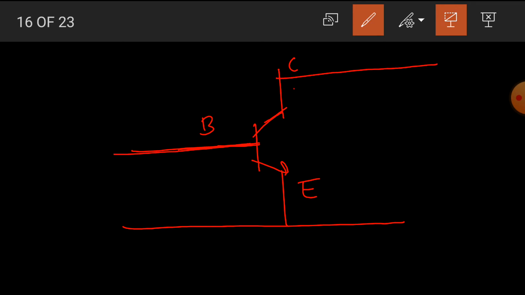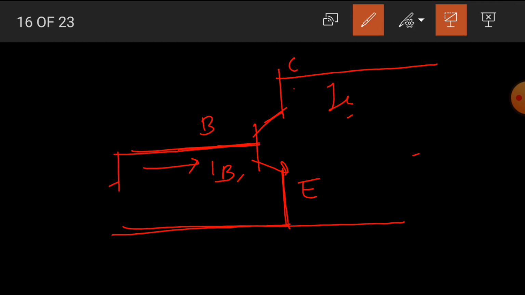Here the emitter is common between base or input and the output. The current flowing through the base is the base current, while the current flowing through the collector is the collector current IC. IB is the input current and IC is the output current.